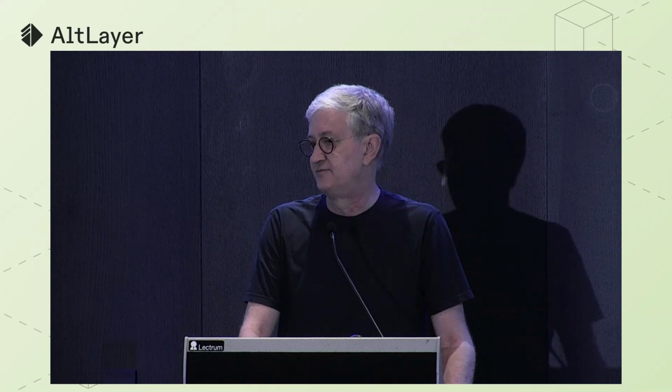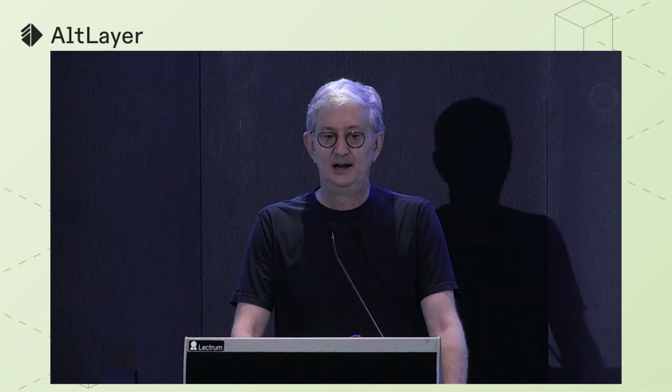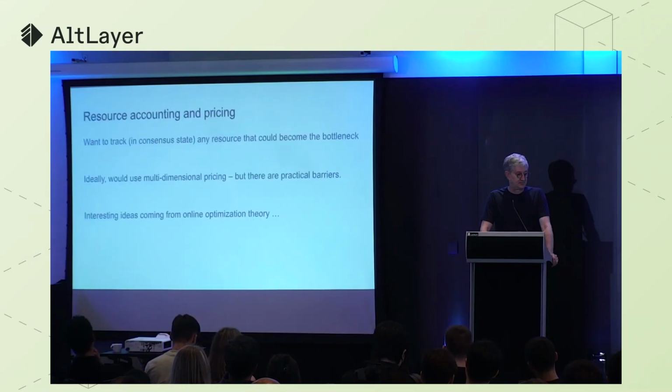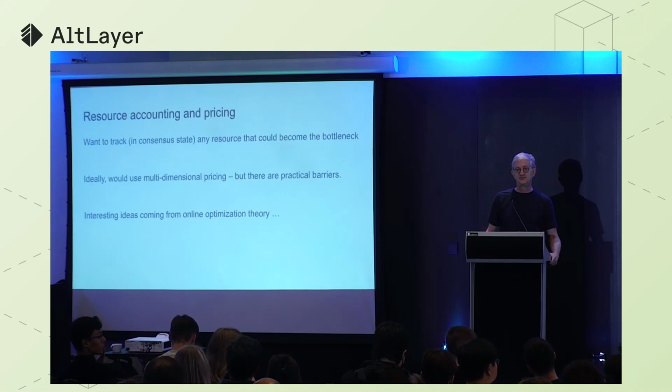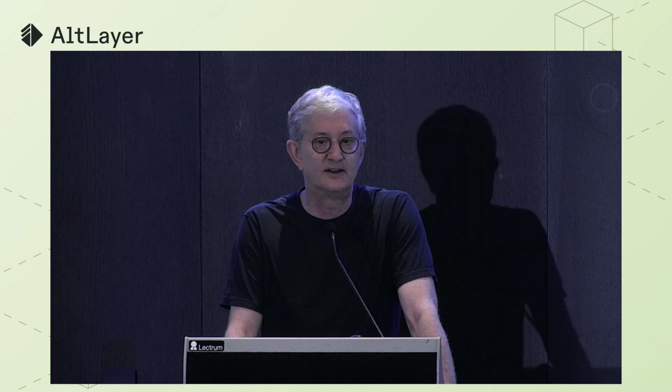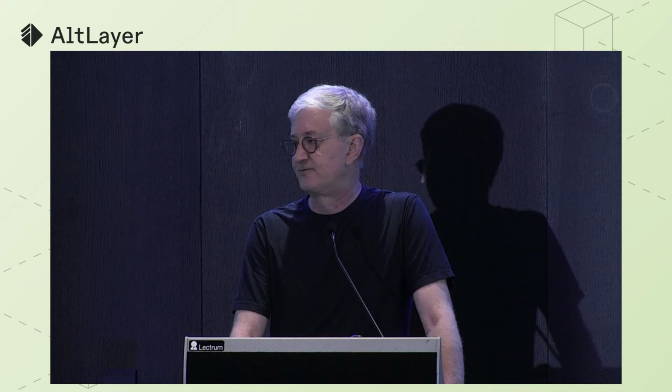Ideally, we'd use some kind of multidimensional pricing, and there's been a lot of talk about multidimensional pricing, but there are some practical barriers there. There's some really interesting ideas coming from online optimization theory. And in fact, you can really do an interesting deep dive on the theory of how to do this kind of stuff, because there is a lot of work on how to optimize performance in complex economic spaces. I don't have a lot of time to go into that.